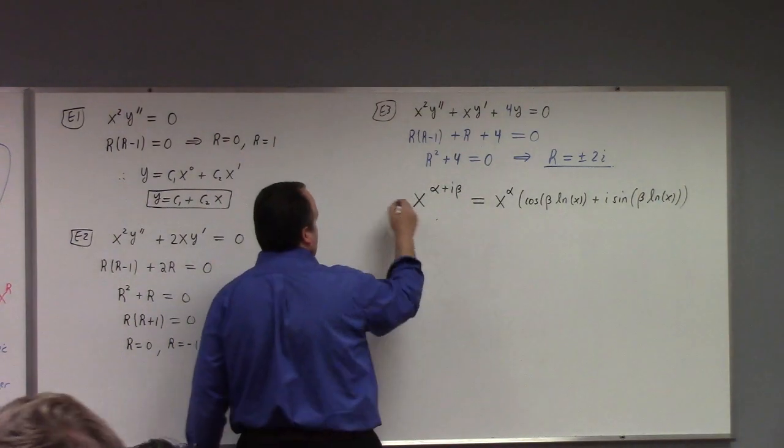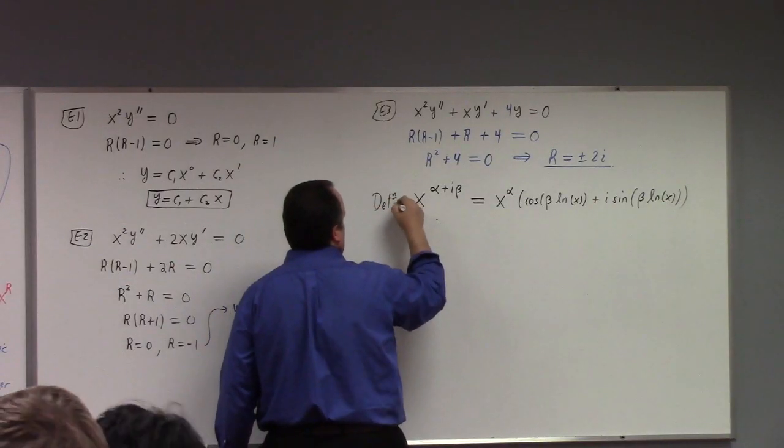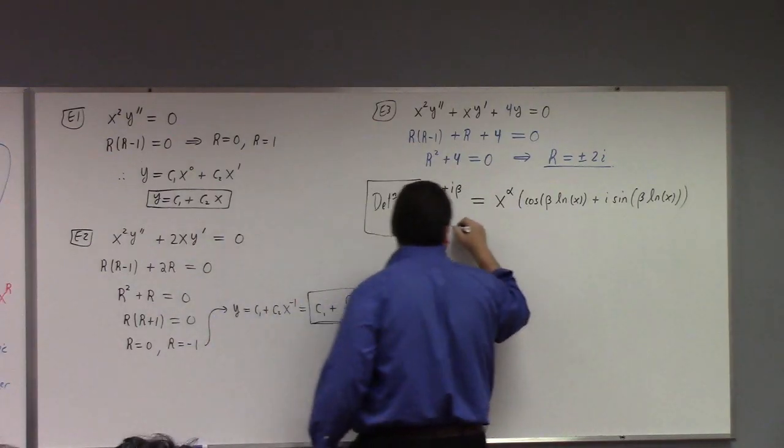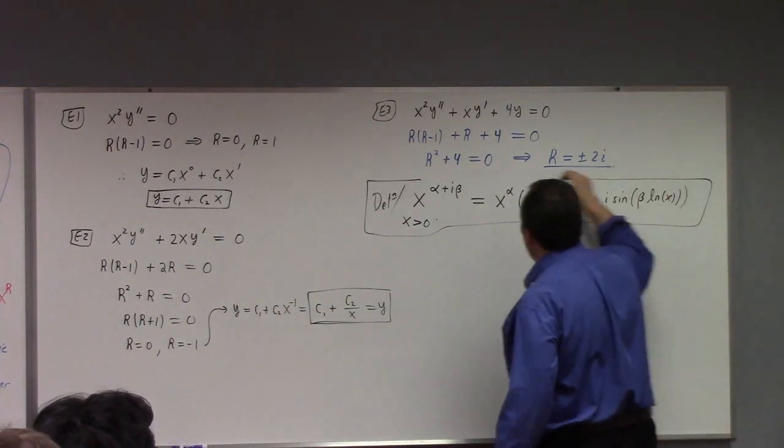This is a definition for us. And I'm assuming x is positive for this current definition. If you had x as negative, you need to replace the x with absolute value of x, okay?